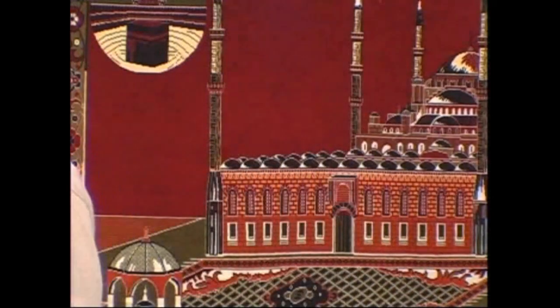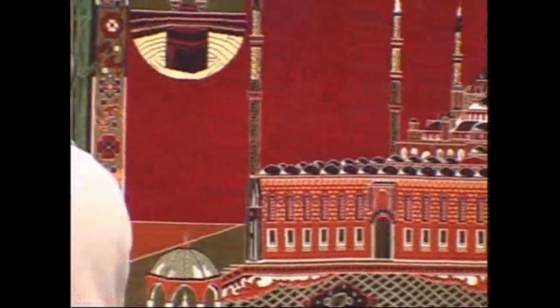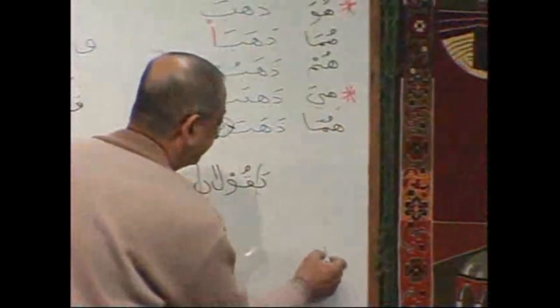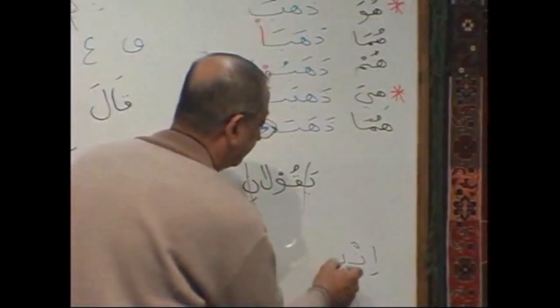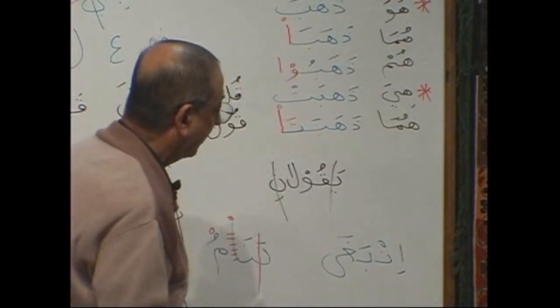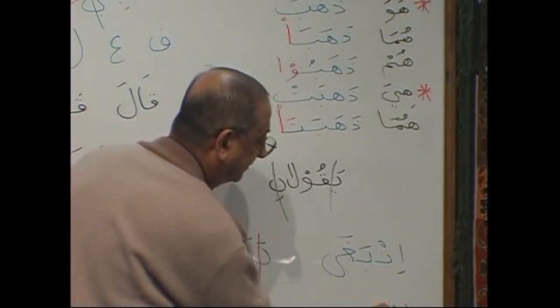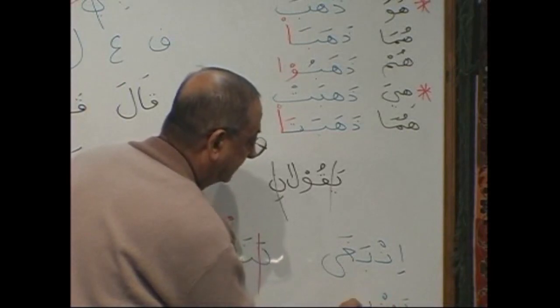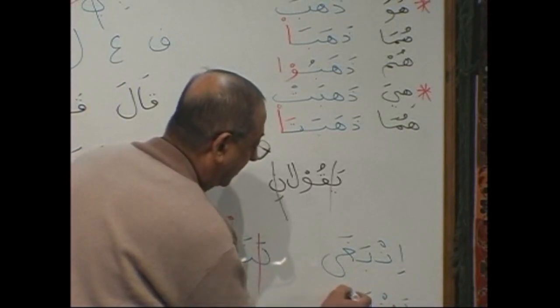Again kathiran came. Brother, here it is yanbaghi. What kind of a verb is this? No, this is definitely not a three-letter verb. What is this verb? Inbagha. I will write it down, brother, you don't have to worry. Inbagha. What will be the mudari'? Yanbaghi.